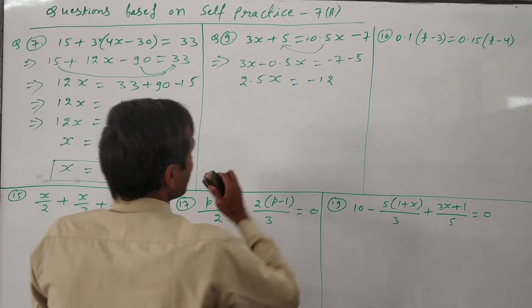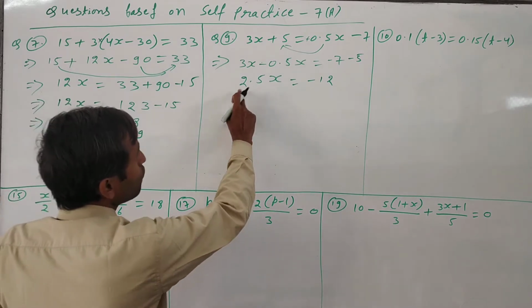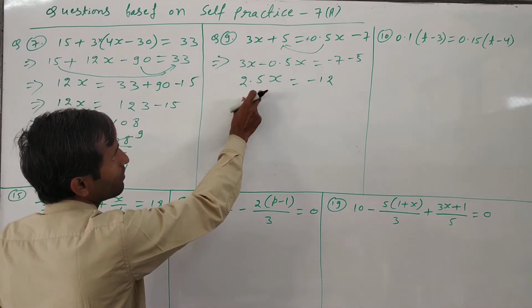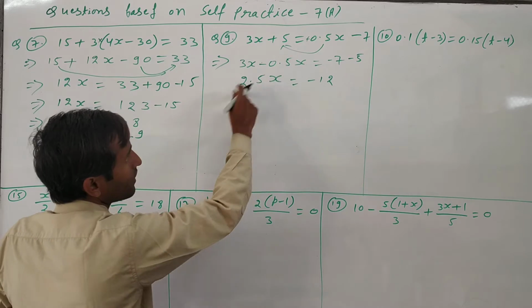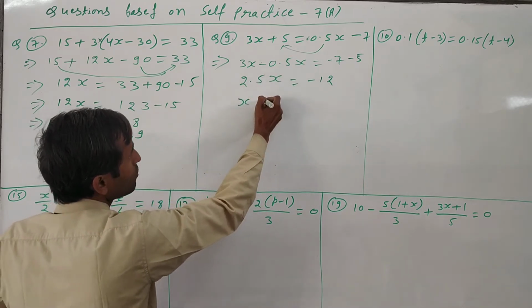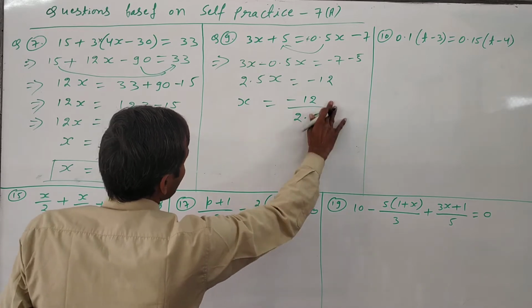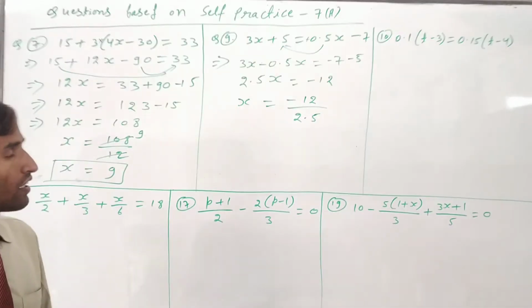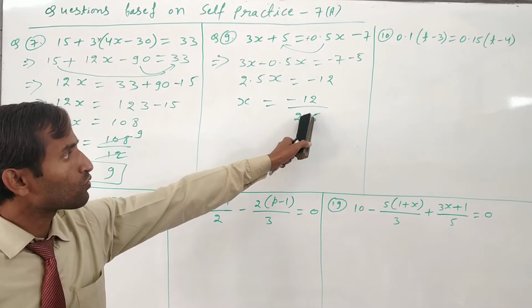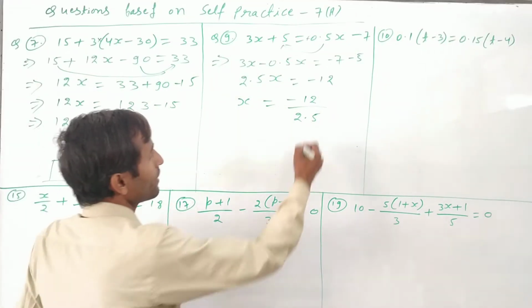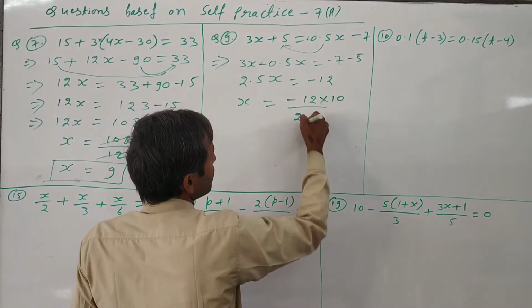Now 2.5x is there, so 2.5 will go to that side and division will come. So x is equal to minus 12 upon 2.5. After that, remove the decimal point by multiplying by 10.